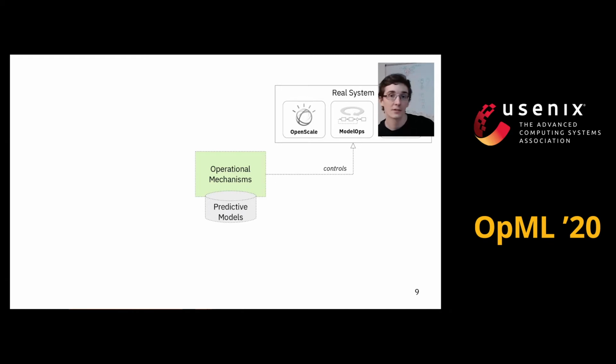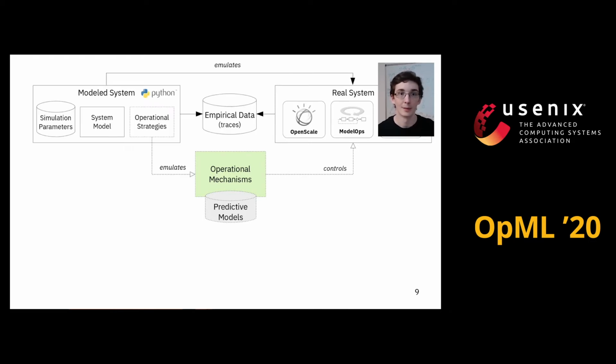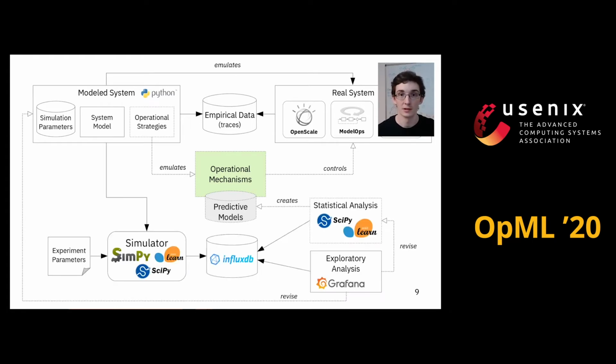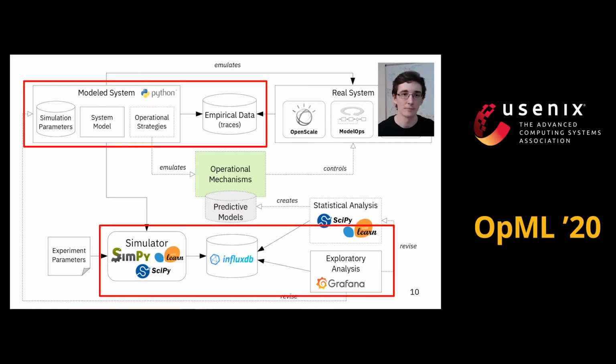We had analytics data and traces from a real system, which we used to model and parameterize the simulated system, feed that into a discrete event simulator, and then use the synthetic traces to do exploratory analytics and also create the predictive models used by the operational mechanisms like a scheduler that we were proposing.